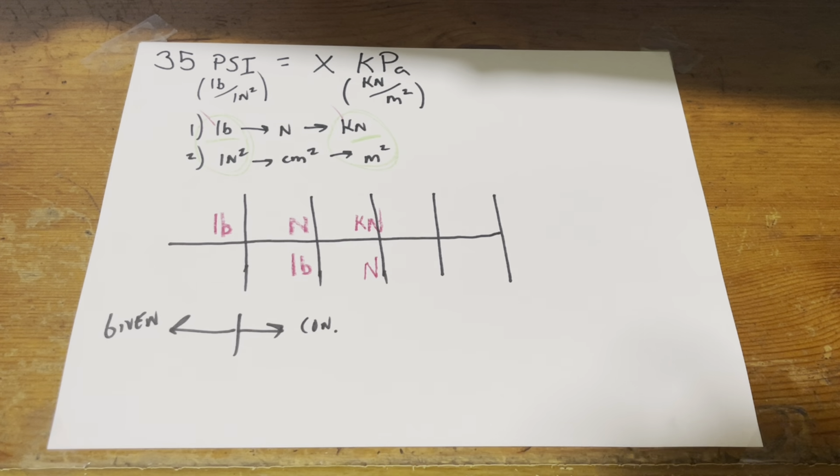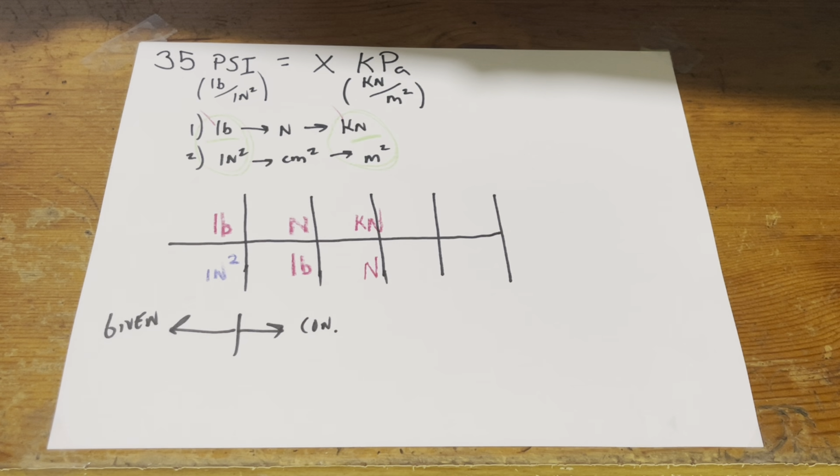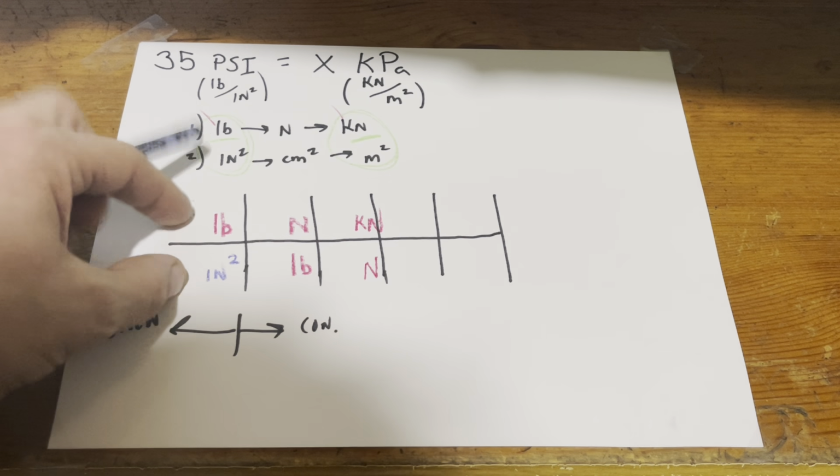Alright, let's jump down to the bottom one. We'll use blue on this one. This one is inches squared. Notice it's a different color, and I'm doing it for a reason. Also notice it's on the bottom down here. I'm not sticking both on top. It always starts like this.